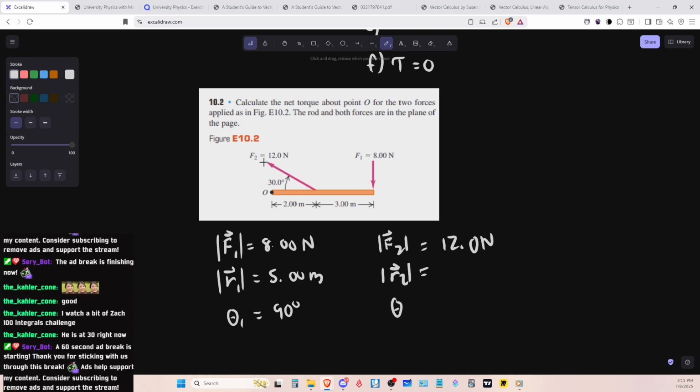Wait, because the force is kind of coming out in this one. So I'm wondering, is it 30 degrees? Because it's pointing this way, it's pointing out of the rod. But I think the distance is still like 2 meters.